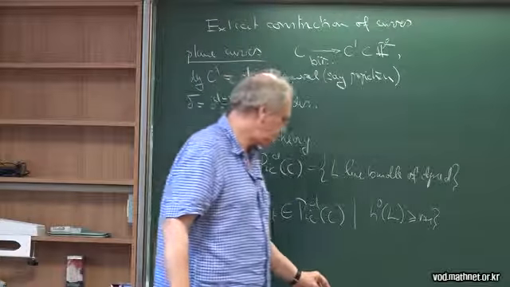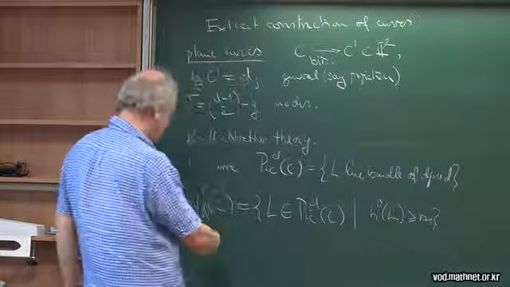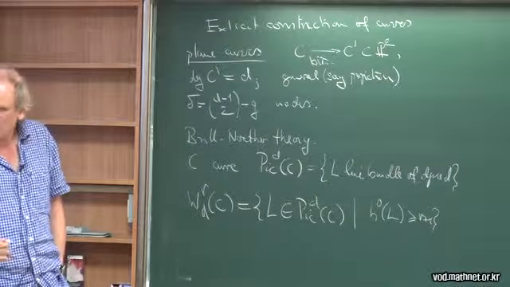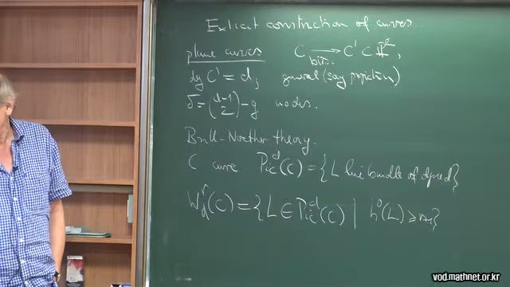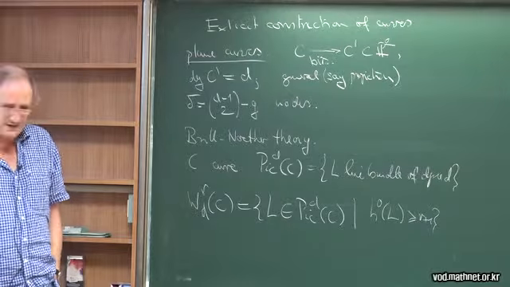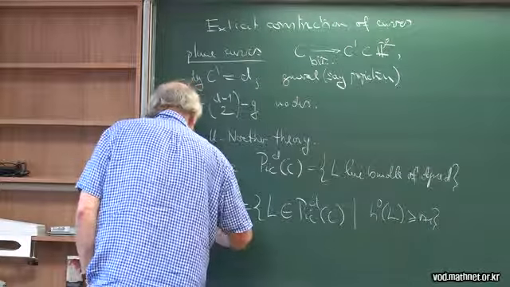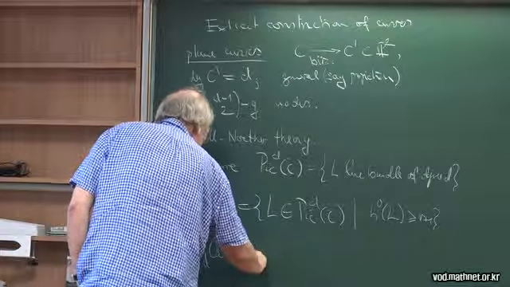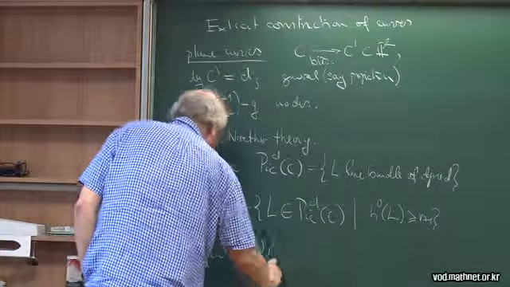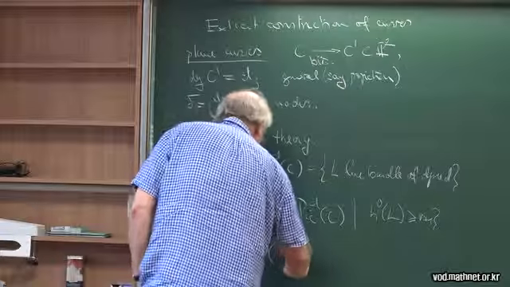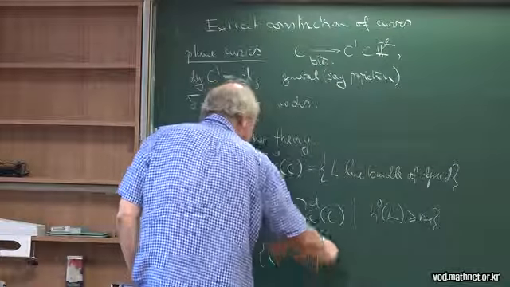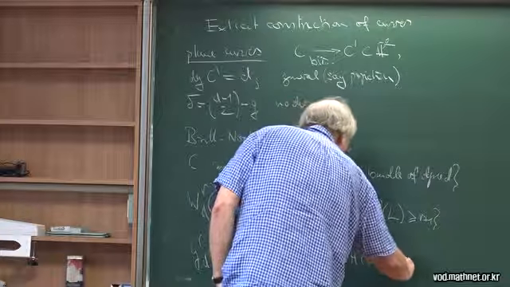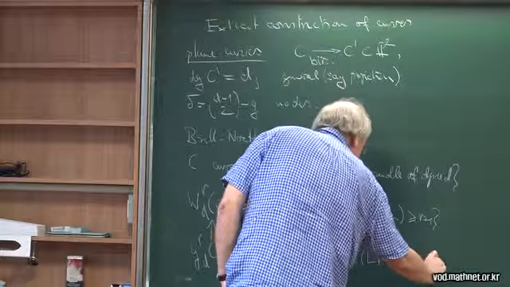Given such a line bundle, we at least get a rational map if you choose an r plus 1 dimensional subspace. Above this we have the space G^r_d of C, which consists of tuples (L, V), such that V in H0 of L is an r plus 1 dimensional subspace.